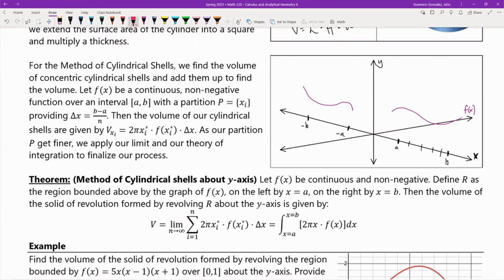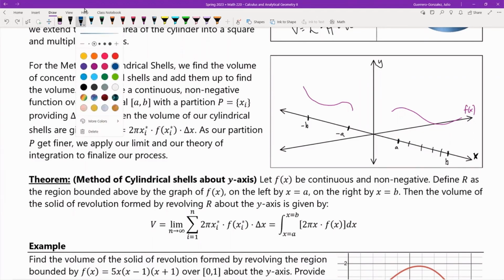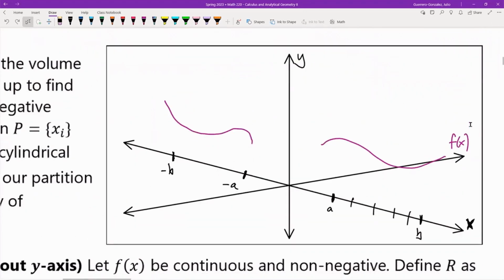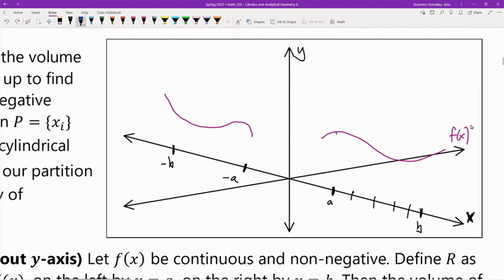So let me go ahead and sort of cordon off, let me, that's a bit too thick. Bear with me here. I'm trying to be as precise as possible. Let me zoom in really quick so I can be a little bit more precise there. So I'm trying to cordon off this thing right here.